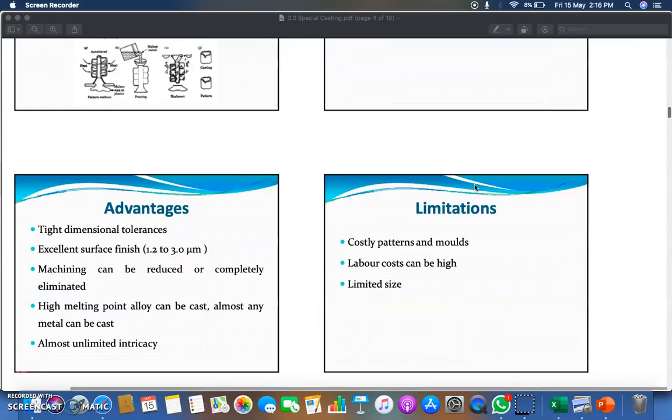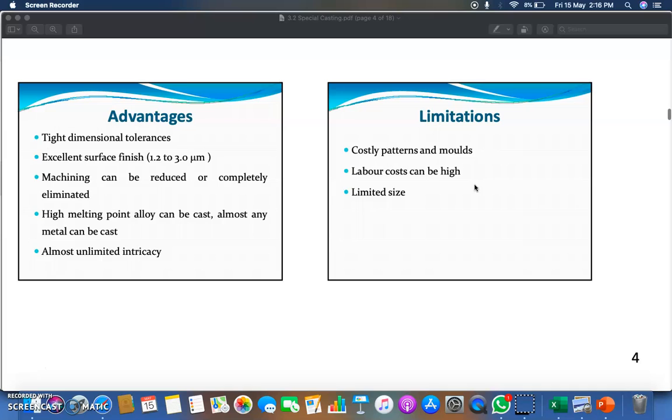Now what are the advantages of investment casting? It gives tight dimensional tolerances and excellent surface finish of 1.2 to 3 micrometers. Machining can be reduced or completely eliminated, means post processing may be removed with the help of investment casting parts.